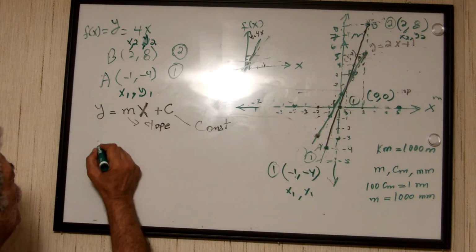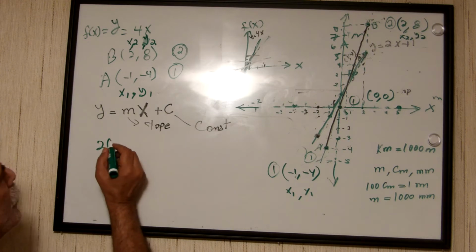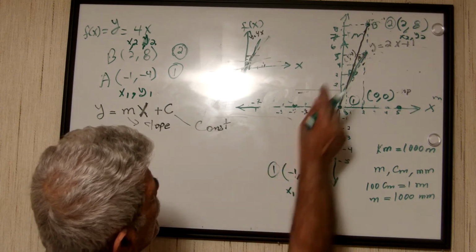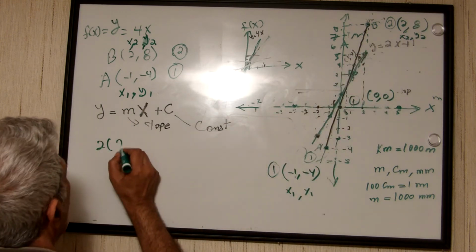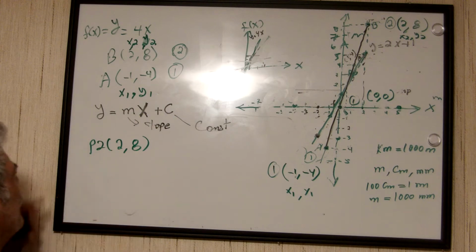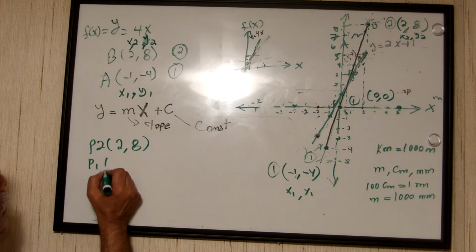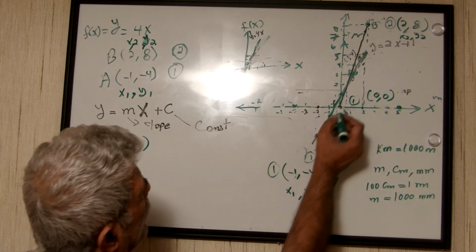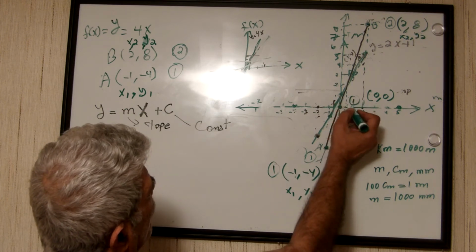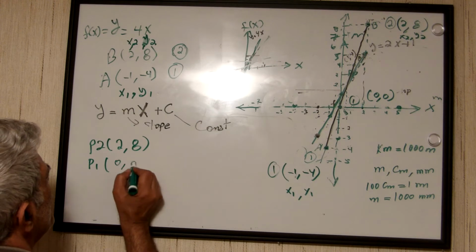So point 2 has the coordinate 0.2, 2.8, and P1 was this one, which is going to be 0 and 0.